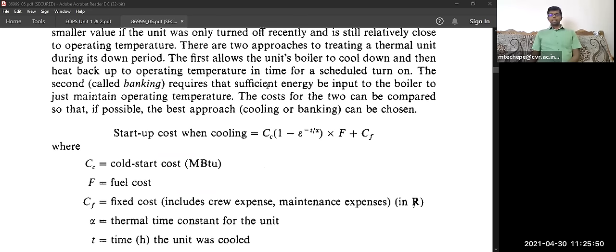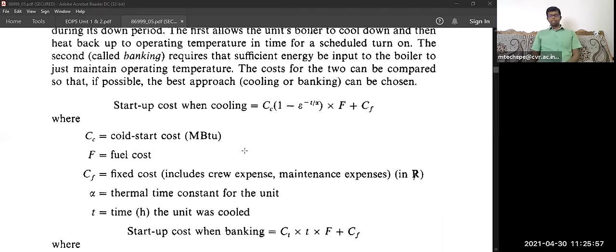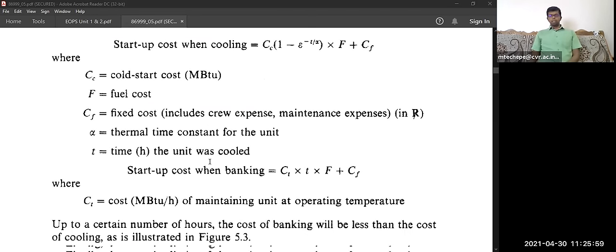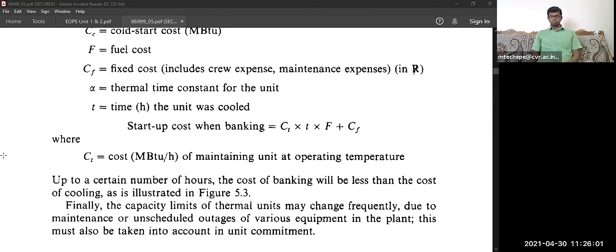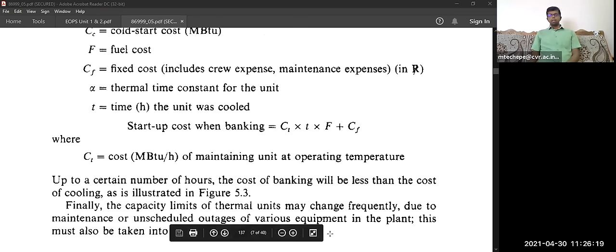Banking requires sufficient energy to be input to the boiler to just maintain the operating temperature. Cooling we already discussed. So the startup cost while banking is nothing but C_t × t × F + C_F, where C_t is the cost of maintaining the unit at the operating temperature.